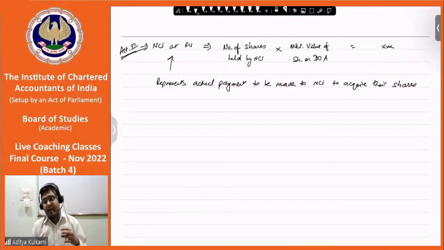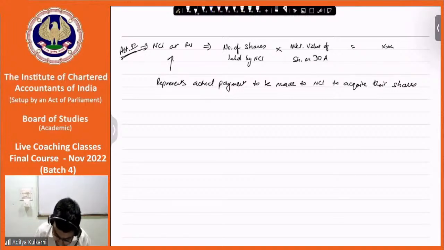When you are actually going to pay the NCI, they will say, sir, this share is not worth only the value of net assets. It is worth more than that. And therefore, you will pay that fair value.